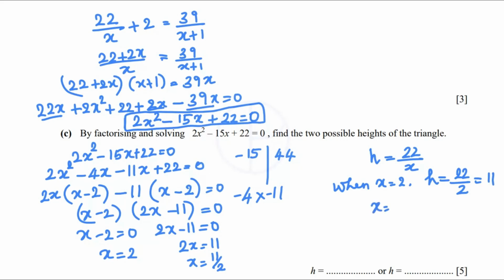When x is 11 over 2, h is 22 divided by 11 over 2. 11 goes into 22 two times, and this will be 2 times 2, which is 4. So h is 4 and 11.